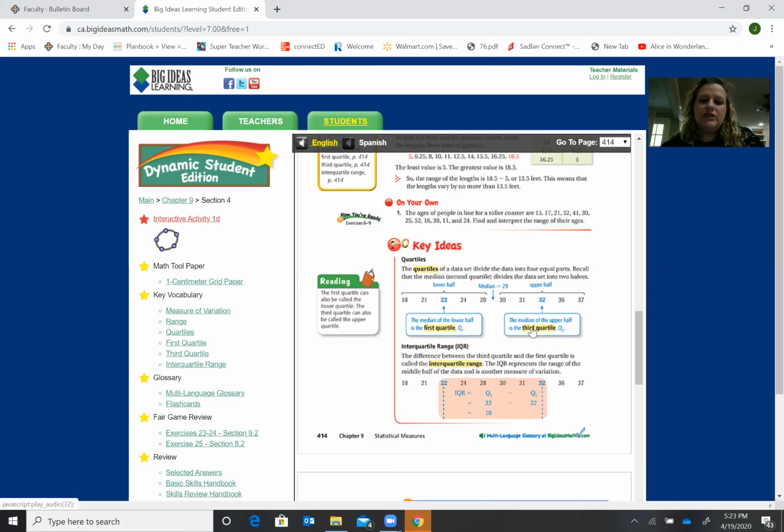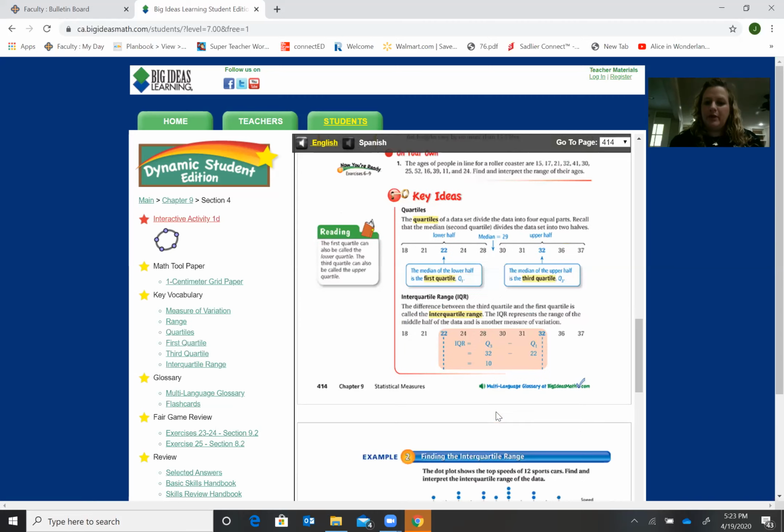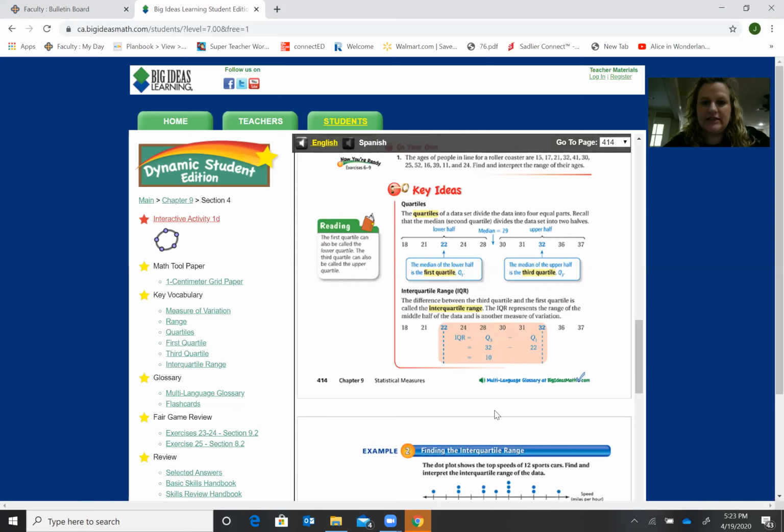So you would take the difference between the third quartile and the first quartile. This is 32 minus 22. So your interquartile range is 10. Okay, so don't panic. We're going to keep working with this. This is the first time we've seen this. If it's a little confusing, just stay with me.